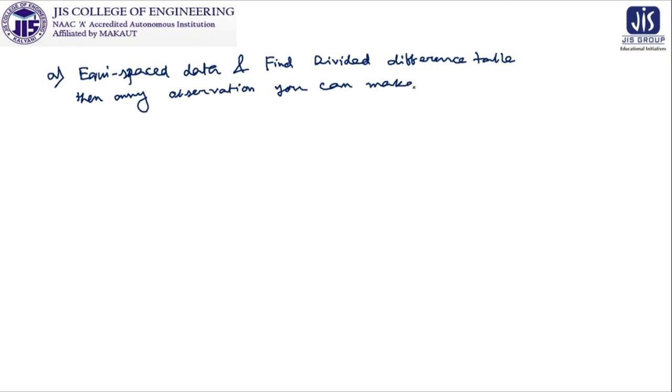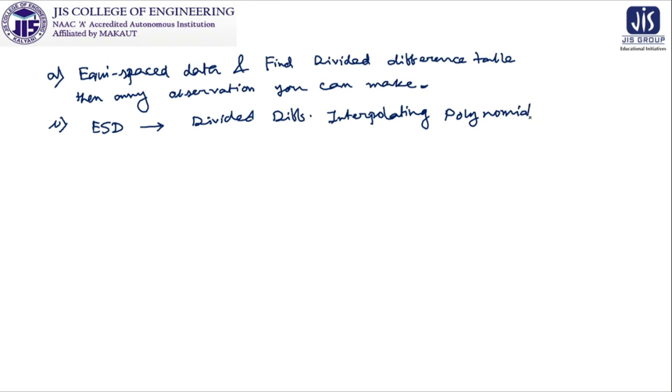This is the first one. The second one is that in case of equispaced data, what will be the divided difference interpolating polynomial, and here also, any observation and its justification.